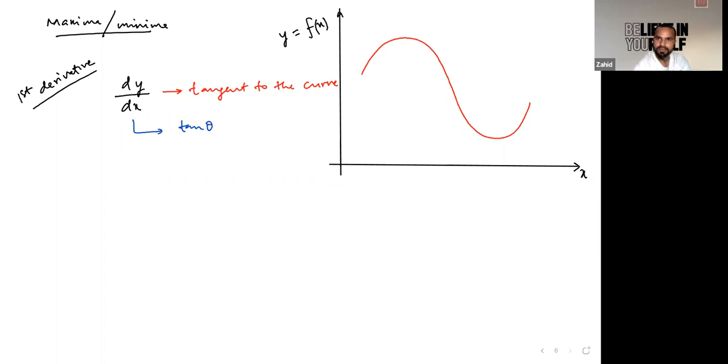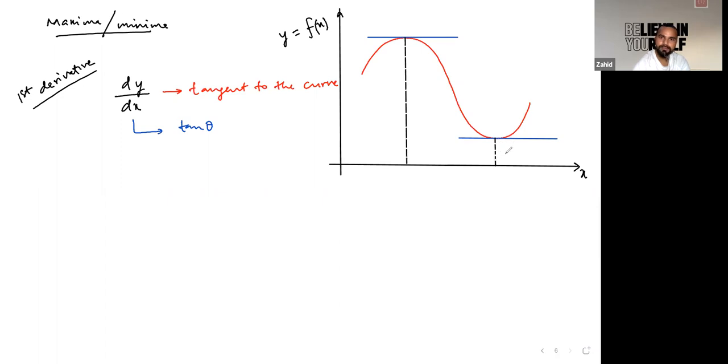So if I draw a tangent to this curve at this point, and similarly at this point, these points will be nothing but the highest and lowest correspondingly related to this curve.